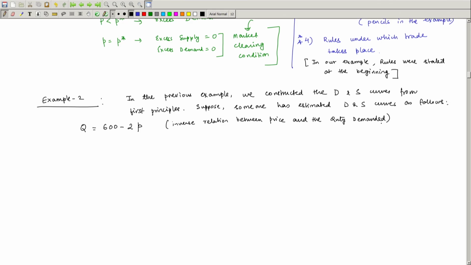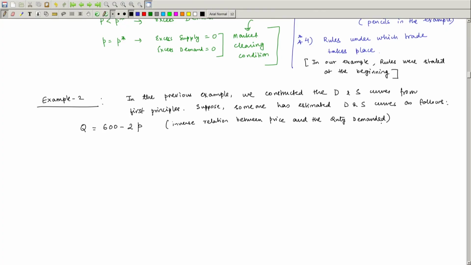What I mean by that is, if the price increases, the quantity demanded will fall. If the price decreases, the quantity demanded will increase, right. If it helps, you can also put this subscript D to denote that you are really talking about the demand curve. But I feel that is unnecessary, because by simply looking at this inverse relationship, you will know that this is essentially a demand curve.